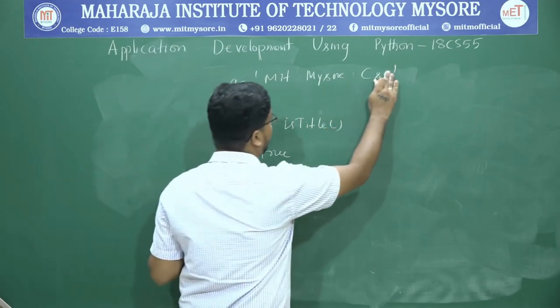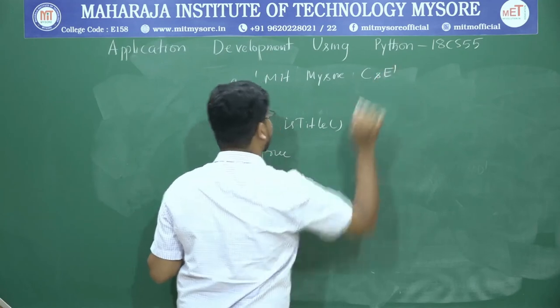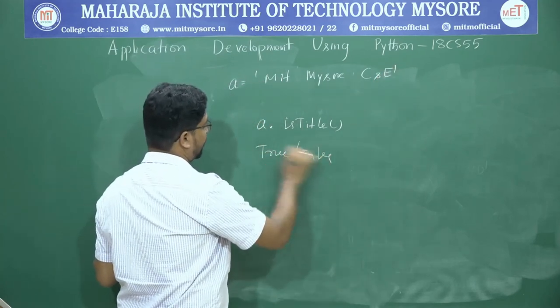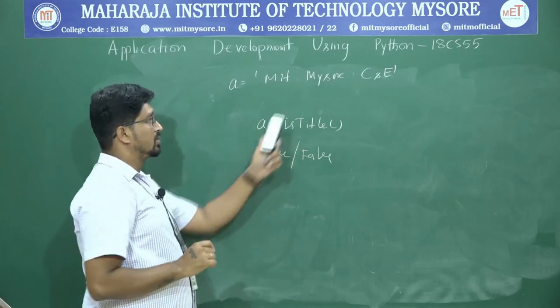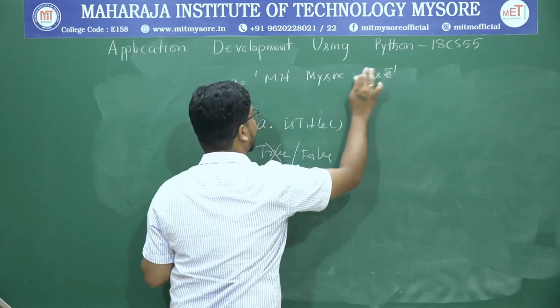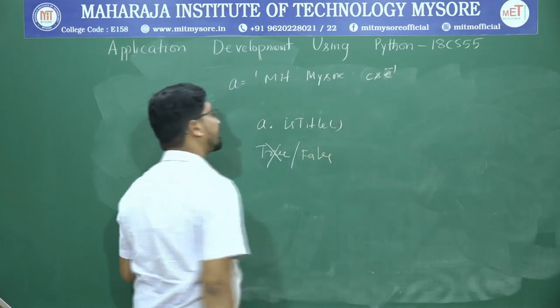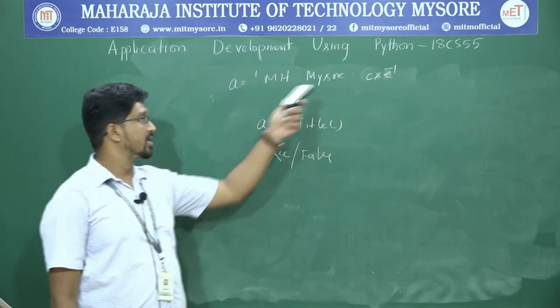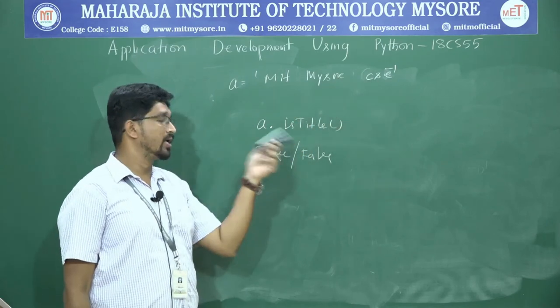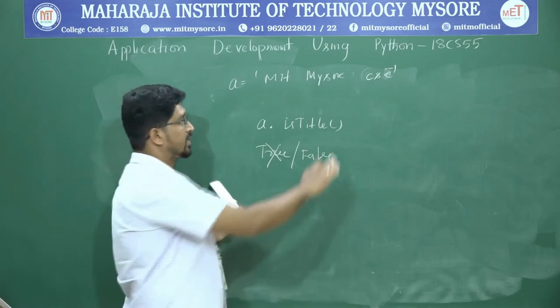If you convert one of the characters, let us say E, to uppercase, then you will get false as a result, because this is not a title case. Or if you change the starting character of the word CSE to lower case, again you will get false as a result.